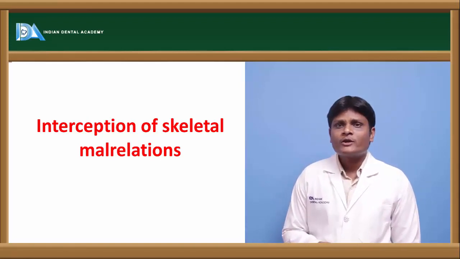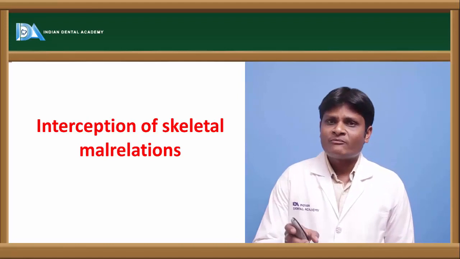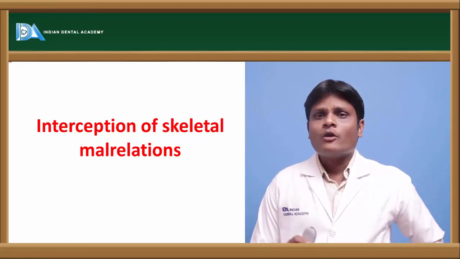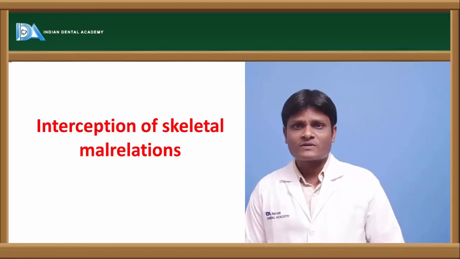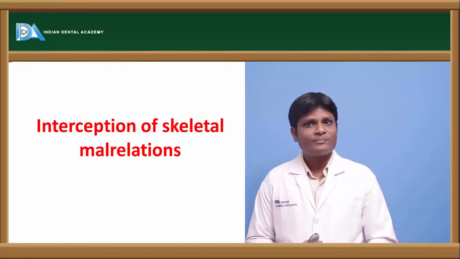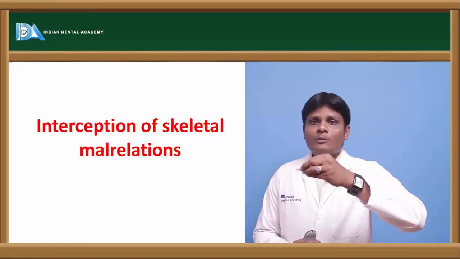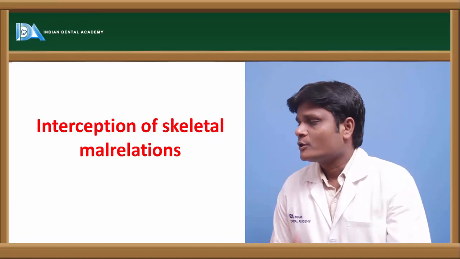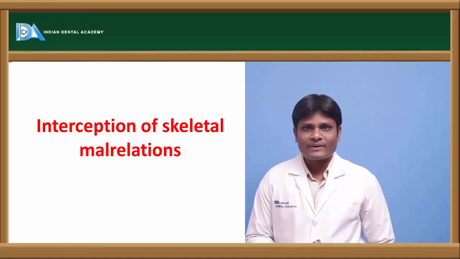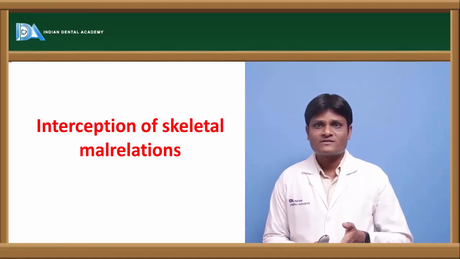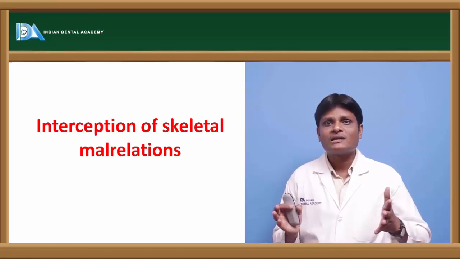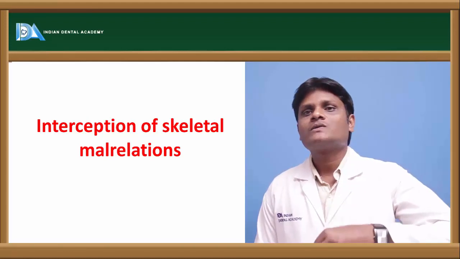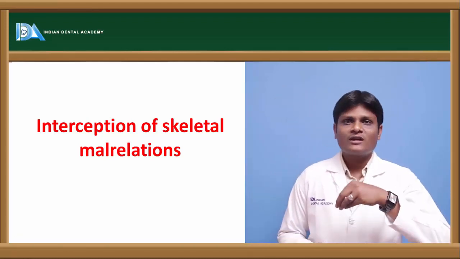So we need to apply optimum forces that are required for development of the craniofacial skeleton, and at the same time we need to eliminate the deleterious forces that are acting on the developing craniofacial skeleton in order to prevent a malocclusion from getting more aggravated. We can use functional appliances like the Frankel appliance, which has vestibular shields and buccal shields to shield the effect of musculature on the developing craniofacial skeleton. This also comes under preventive orthodontic procedure.